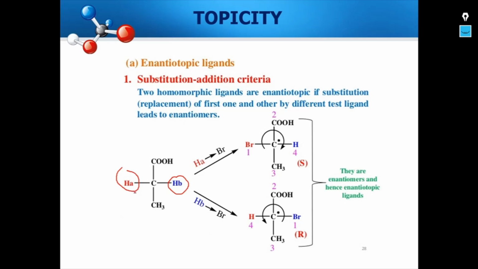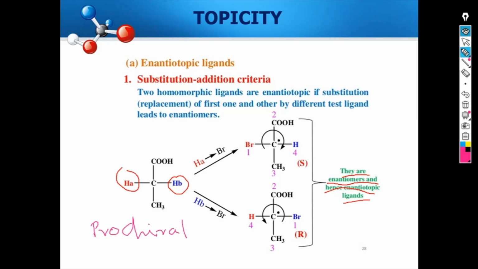Now you can see here when each of these HA and HB are substituted with bromine, we end up with two molecules, and the relationship between these two molecules they are enantiomers, and hence the ligands are enantiotopic ligands.